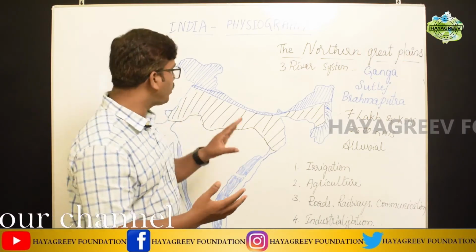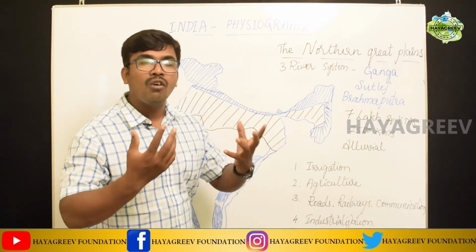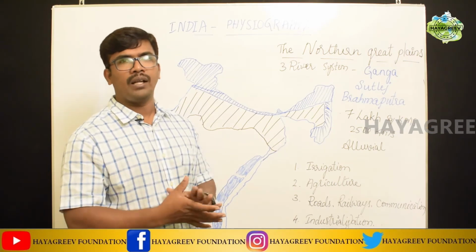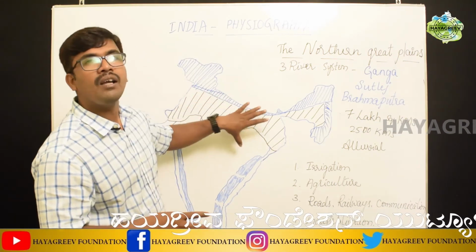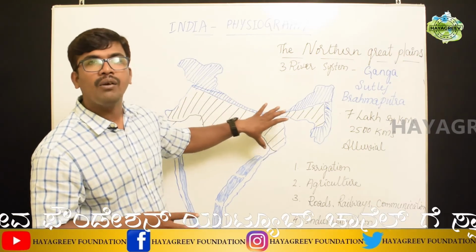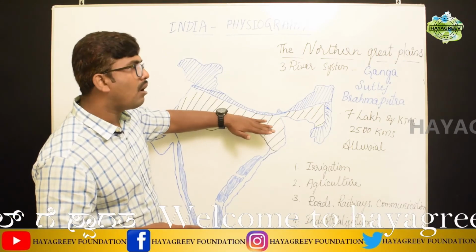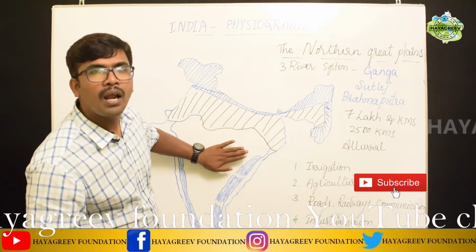More population, hence more economic activities also. Hence, it is called the heart of India. So these are the advantages of the Northern Great Plain. Then, after learning the Northern Great Plain, let us discuss the Peninsular Plateau.